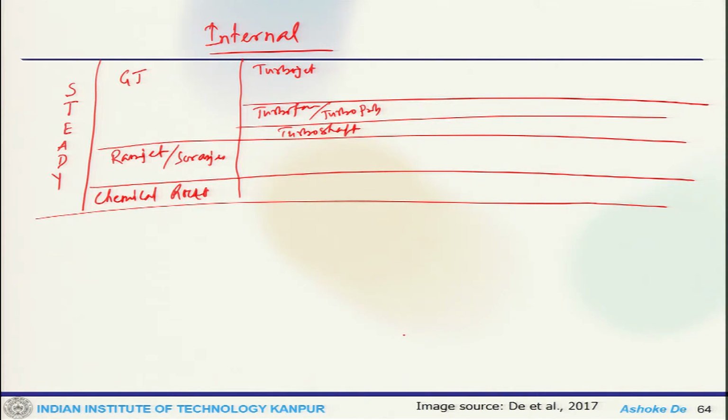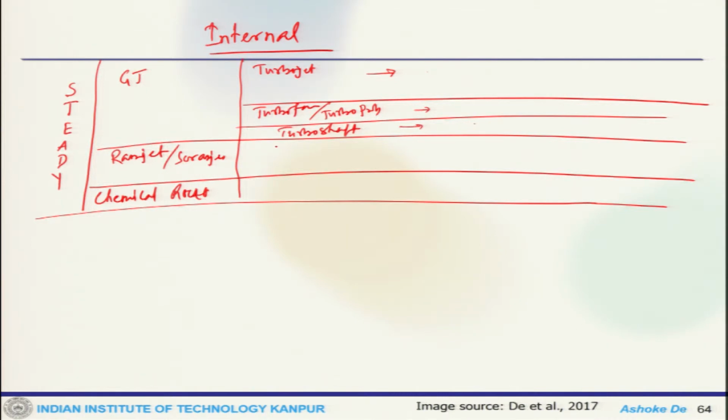So, turbojet, what it does, is all jet except for work needed to drive the compressor. Now, in turbofan or turboprop, part jet, part shaft work to drive a fan or propeller. Turbo shaft, all shaft work to drive the propeller, generator or rotor.